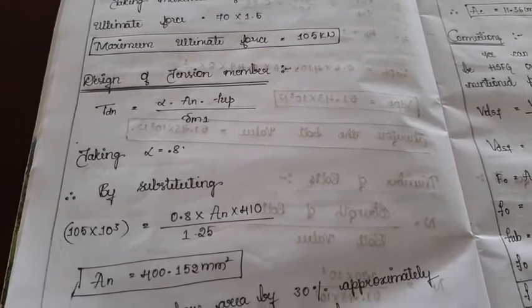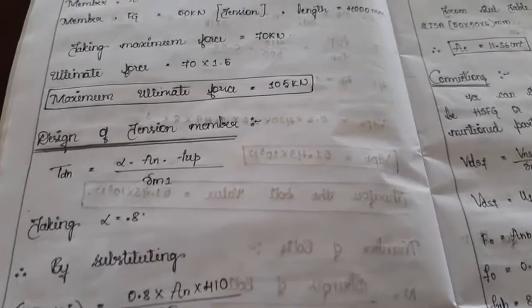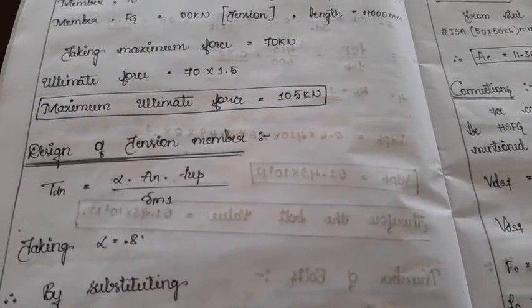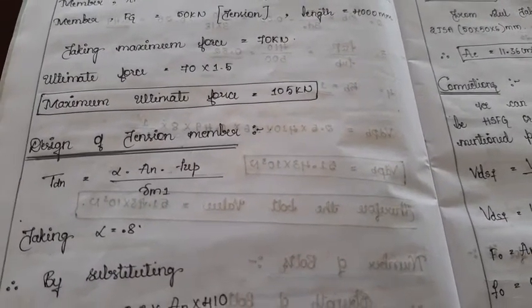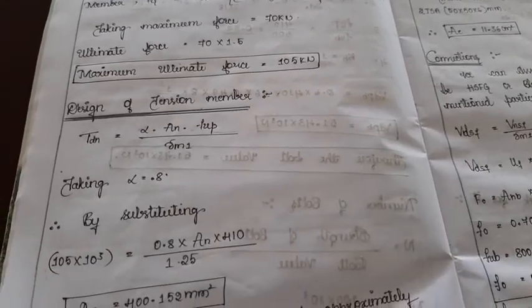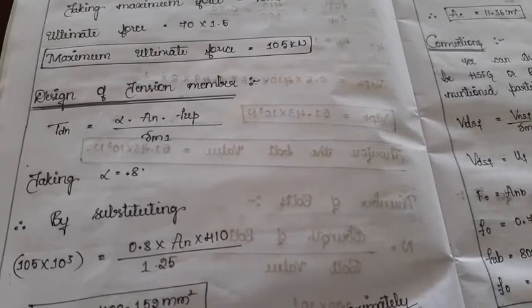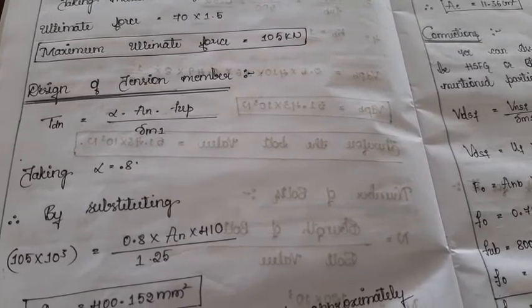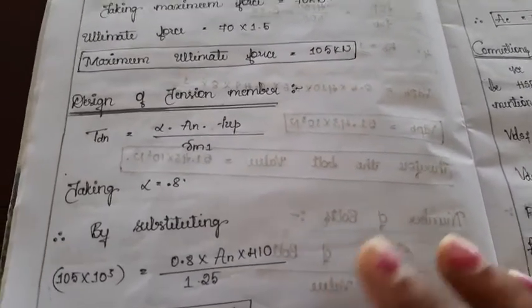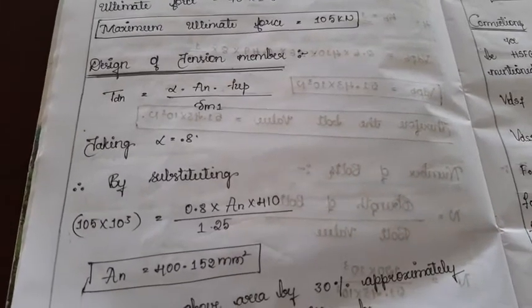So substitute all the values. Your TDN value is nothing but your maximum ultimate force, 105 kilonewton, alpha is 0.8, substitute your FUP value, AN is unknown here, and 1.25 is your gamma M1 value.